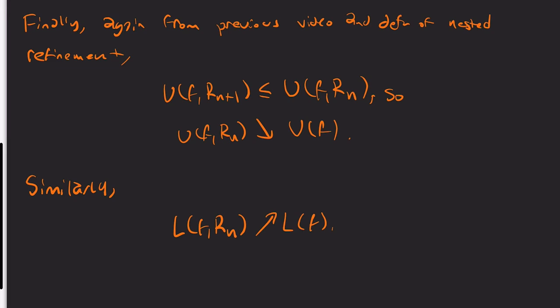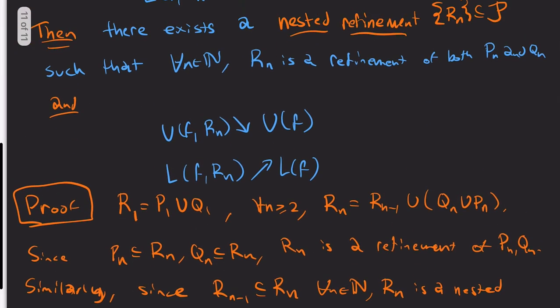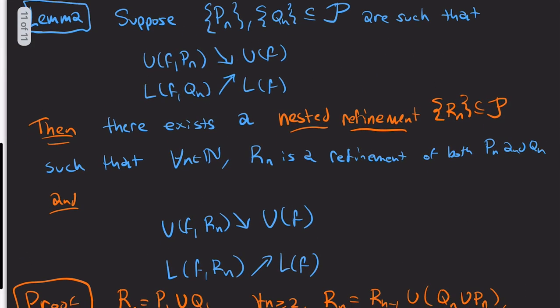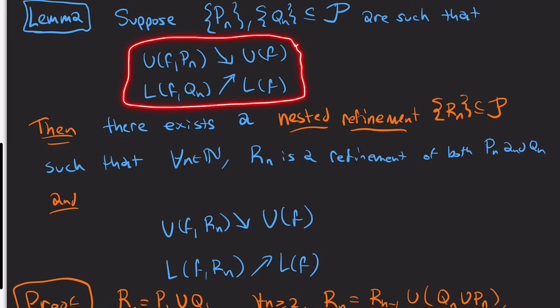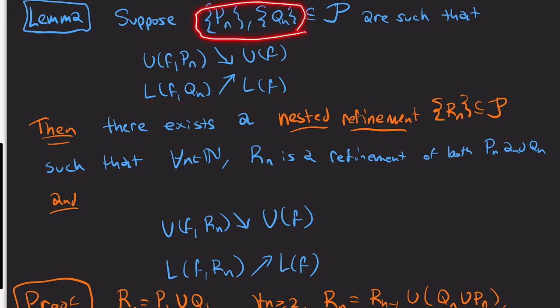And that's it. The main takeaway of this result is that we can always assume from now on, because these sequences are defined as infima and suprema, without loss of generality, that the Pn is equal to the Qn and that it's a nested refinement.